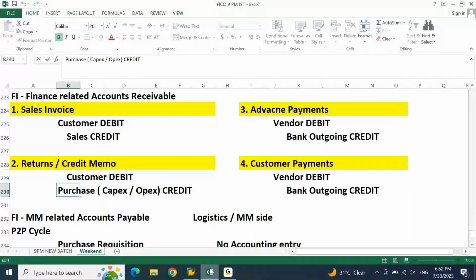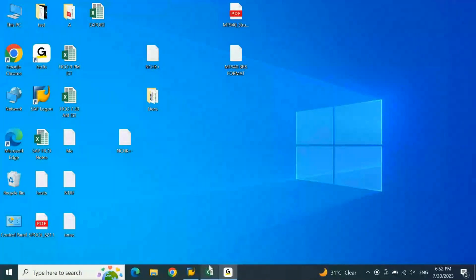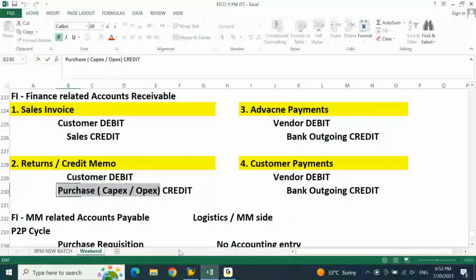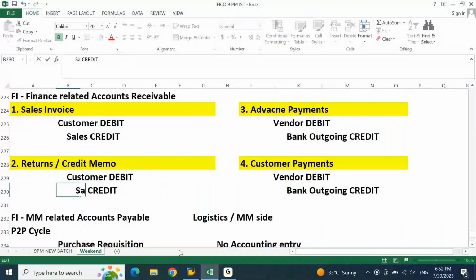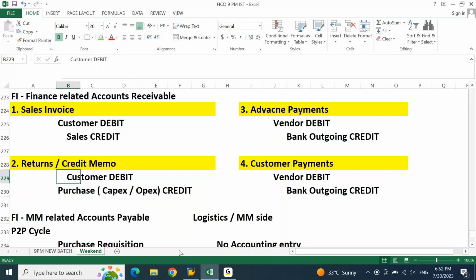Now here sales was on the credit side, so here I need to debit sales. My credit will become debit here. Sales will be debit and the customer will be credit.